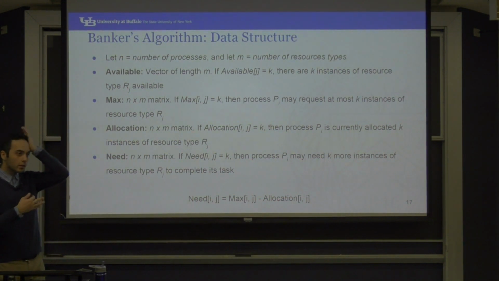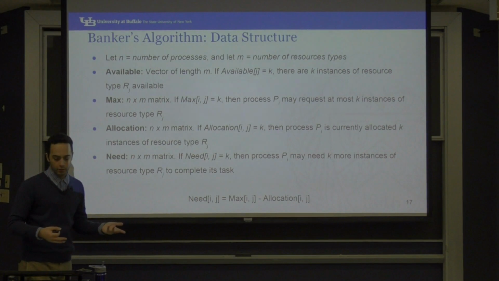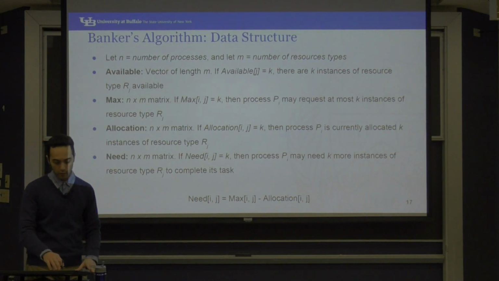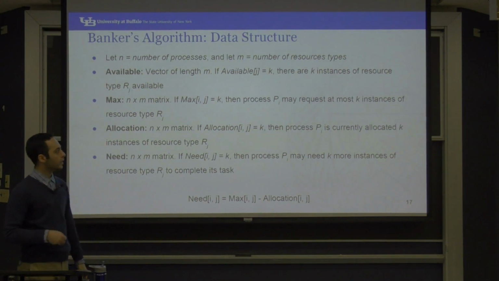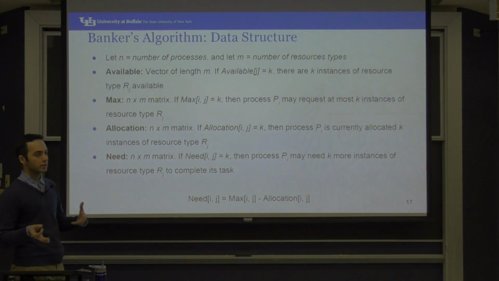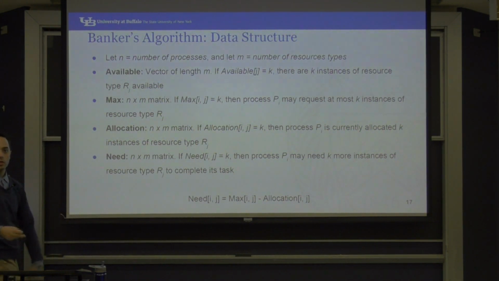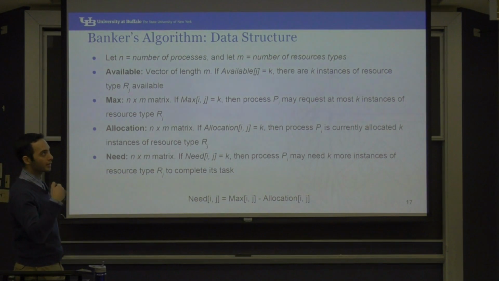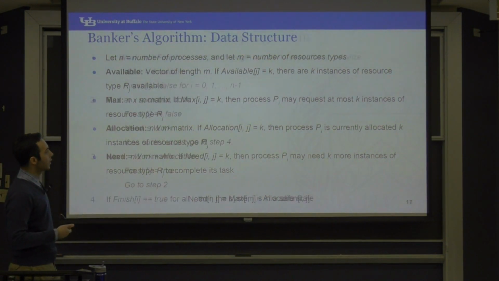It has to be a little bit like this because you have to solve it using algorithms. But when you see the examples, it's fairly clear. All right? So each process should declare the maximum of each resource type, and then the allocation depends on the current state, and then the need.